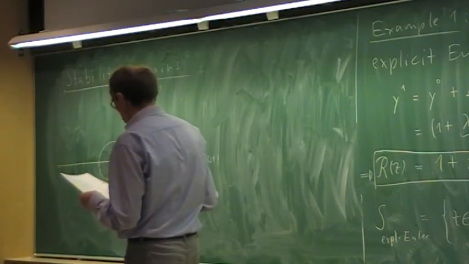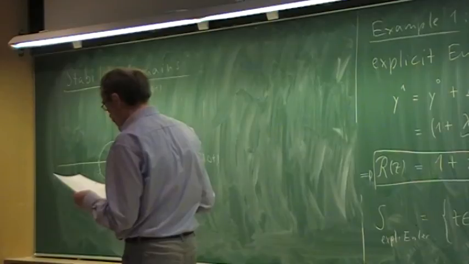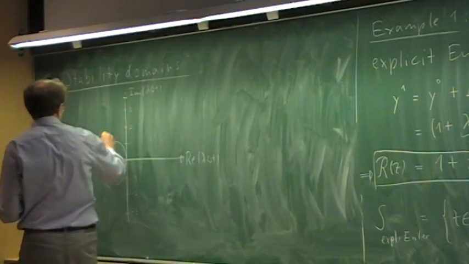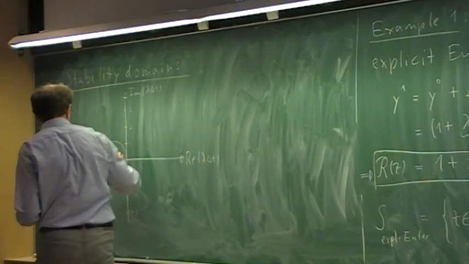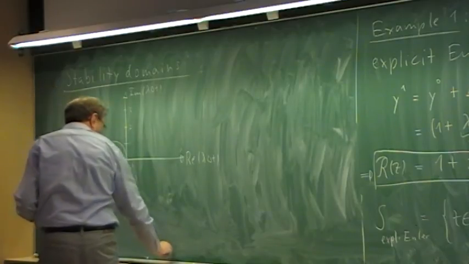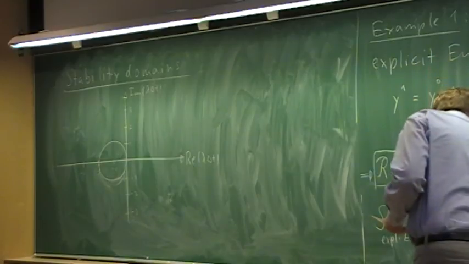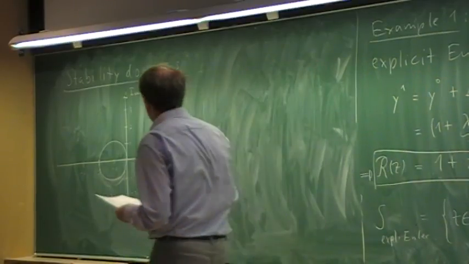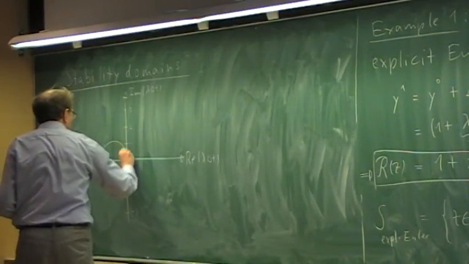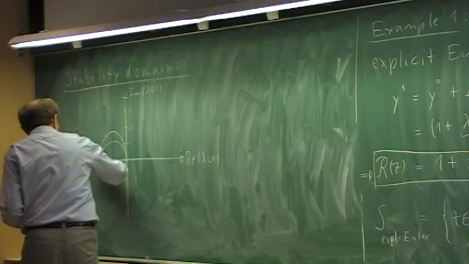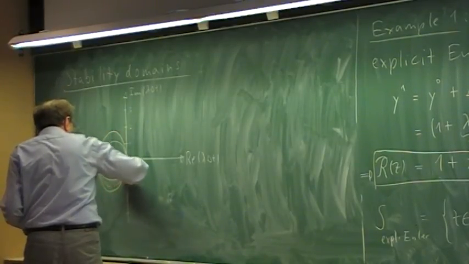And Heun's method is a little bit larger. I think we get up to 1.7 roughly here. So let's see if we can do that in different colors, maybe something like that.